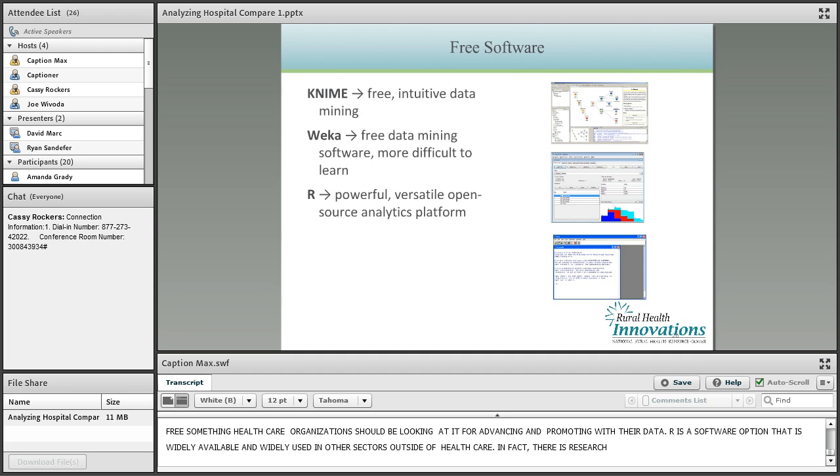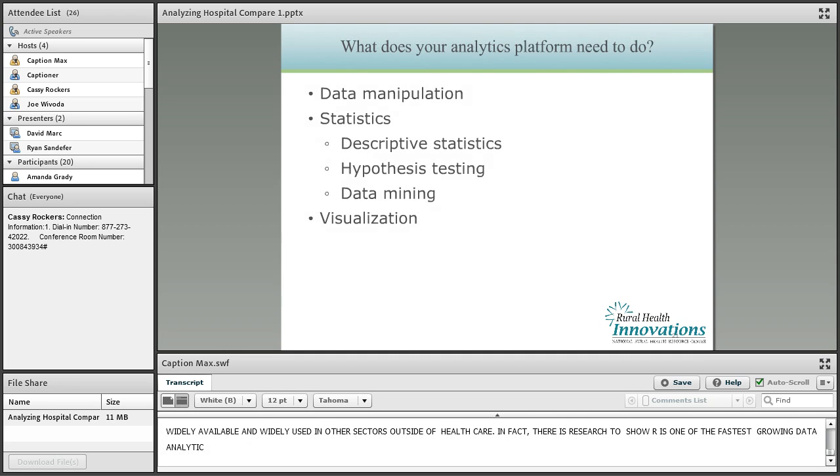It's easy to get going and using it. But there is somewhat of a learning curve of how to actually do data mining. You have to know what the data mining process is and what these different algorithms are that are being used in the software.